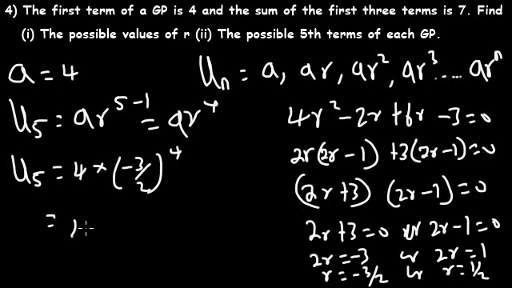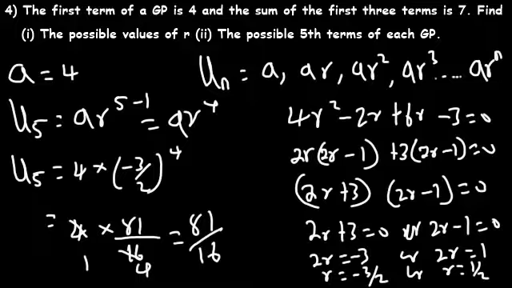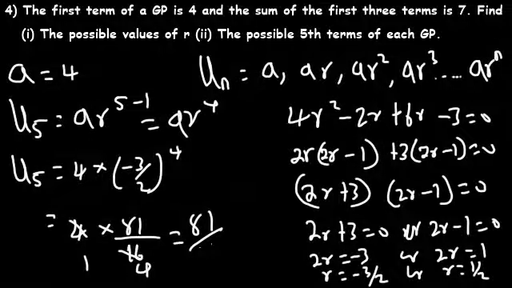That becomes 4 times negative 3 to the power of 4 over 2 to the power of 4. Here we can distribute the power to the entire fraction. Minus 3 to the power of 4 is 81, divided by 2 to the power of 4, which is 16. So 4 here 1, 4 here 4. Sorry, I wrote 16. That's supposed to be 4. Okay, 81 divided by 4.